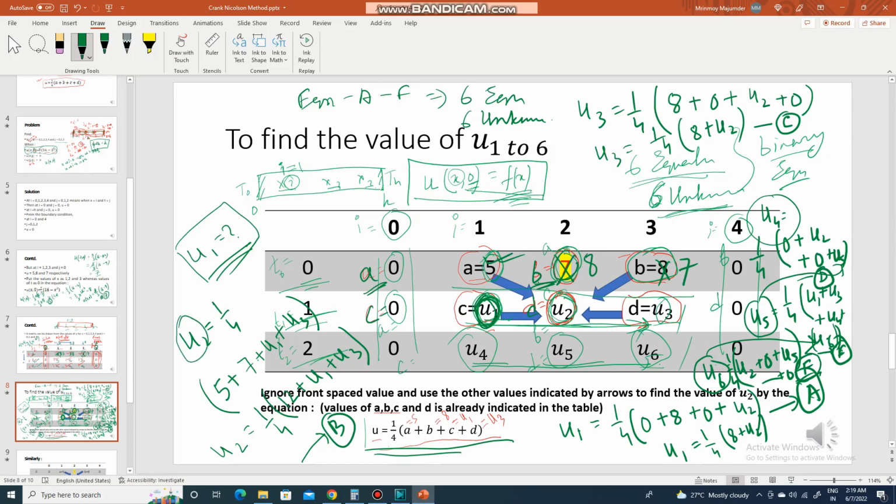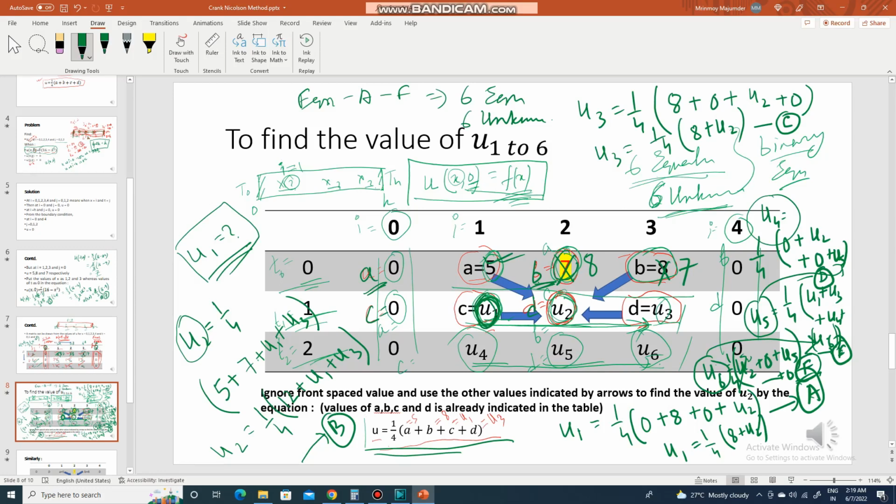So ultimately you will get the value of U2. Okay, once you get the value of U2, again come back to E. If there is U2, you put the value of U2 there, and then you have your U6 again.